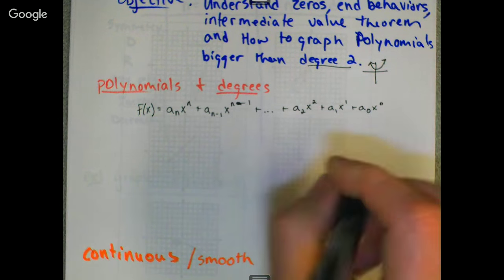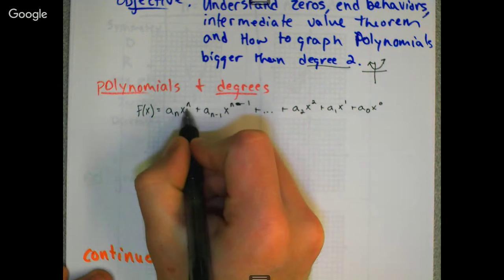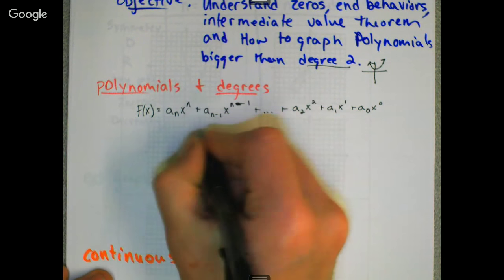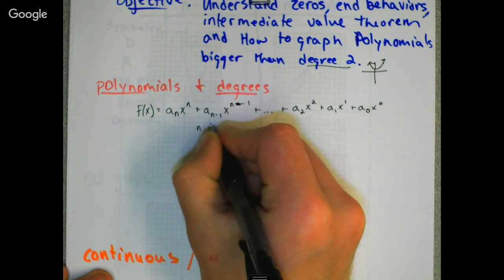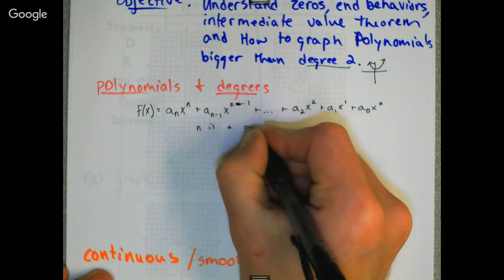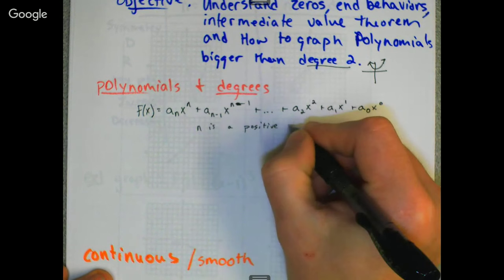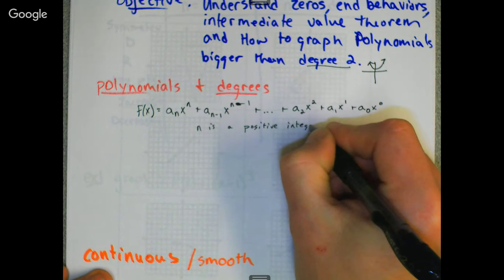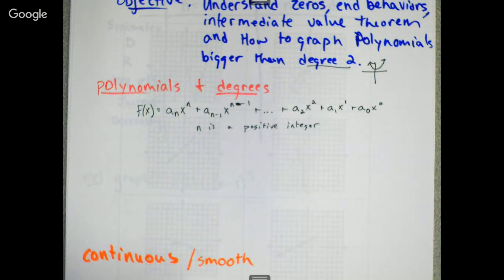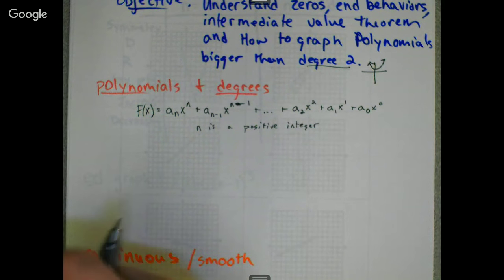Okay. And we need to make note of what this n value can be. So n is a positive integer. Okay, so it can't be fractions, we don't want negatives, we don't want anything like that.